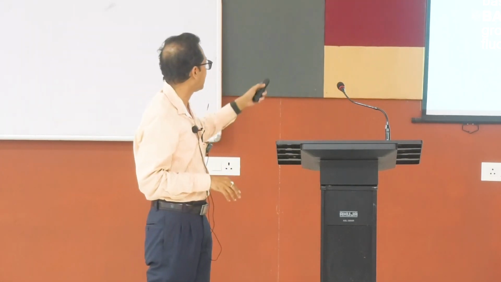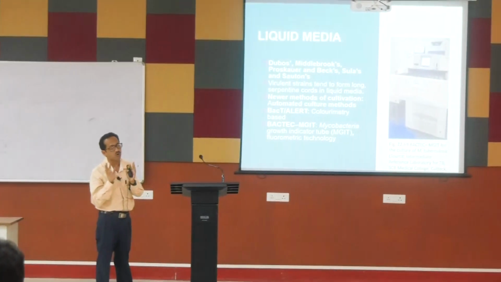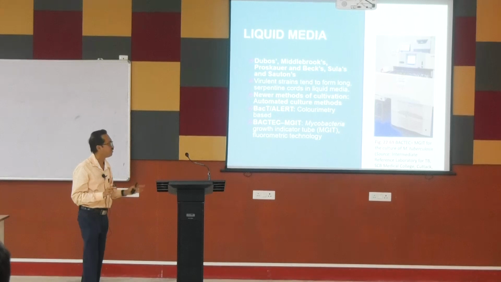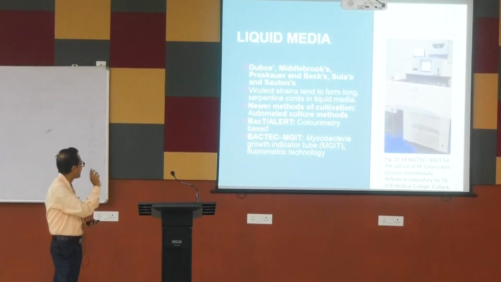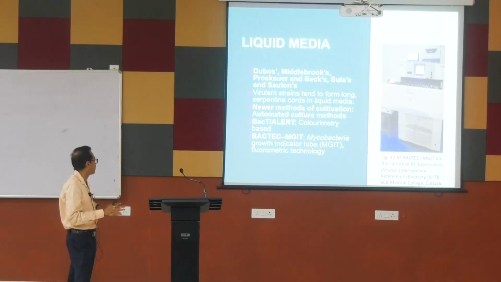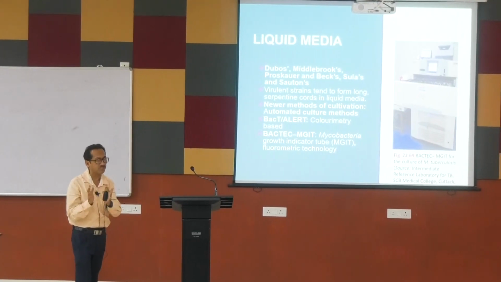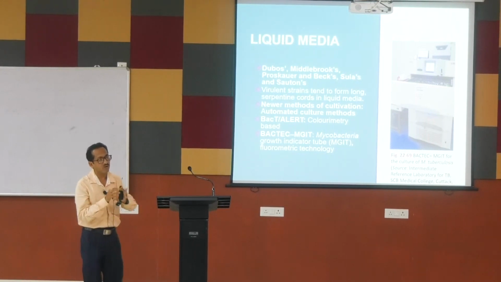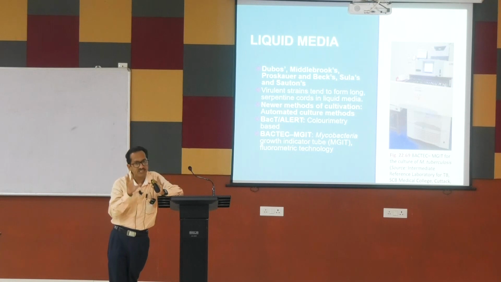Next is MGIT. These are BACTEC and BACTEC MGIT. These are the two automated liquid culture media. BACTEC is colorimetry based, and BACTEC MGIT is commonly used. How does it give fluorescence? Usually oxygen quenches the fluorescence activity. When oxygen is there in the media, it will not fluoresce.